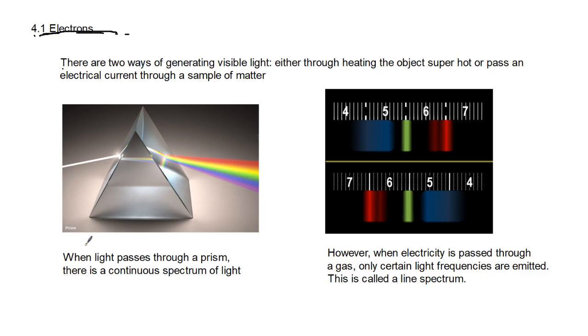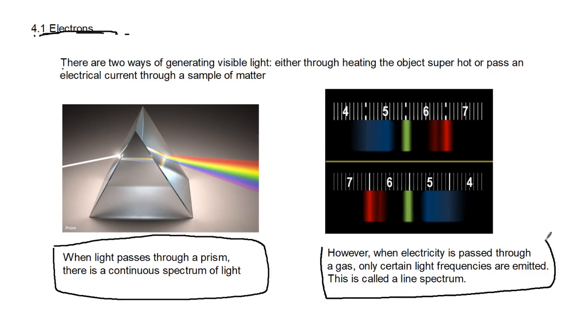See, when light passes through a prism, it's not a mirror, there's a continuous spectrum of light. However, when electricity is passed through, only certain light frequencies are emitted. The light represents the energy of the electron, or the energy of the photon.